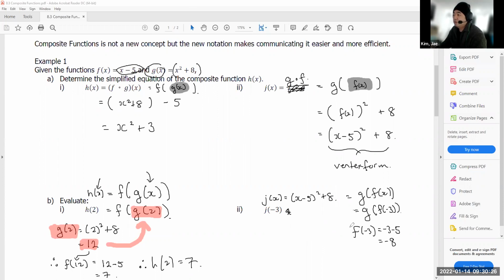And that value, f of -3, which is -8, is going to be plugged into the g function. So g of -8 is equal to, where's my g? X squared plus 8. So -8 times -8 is 64, plus 8 is going to be 72.